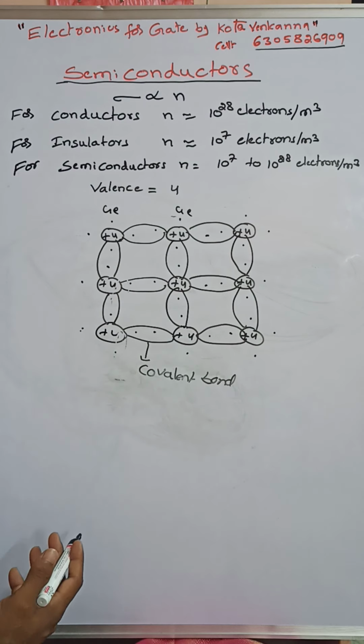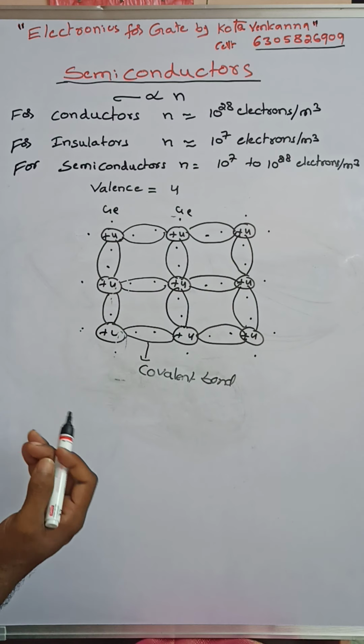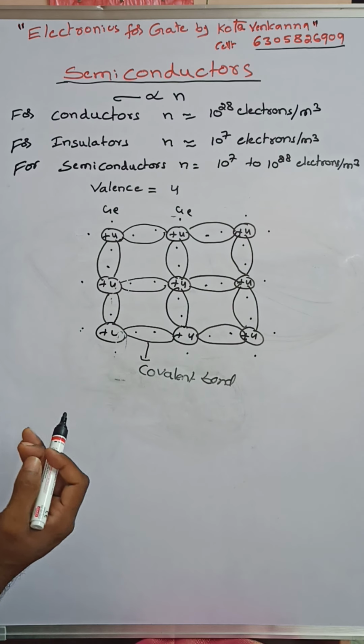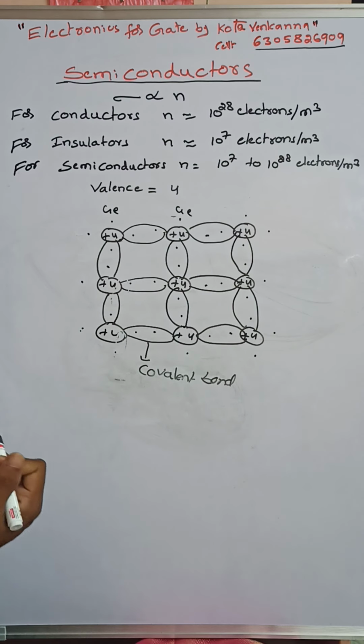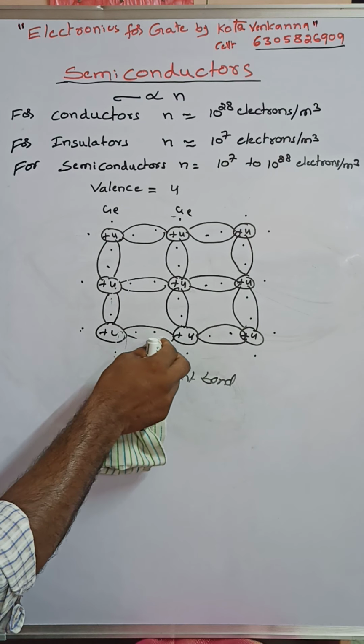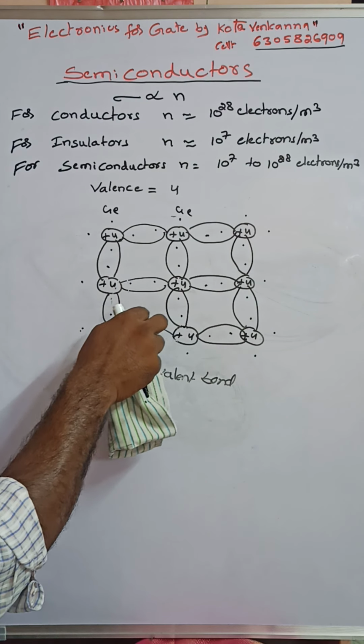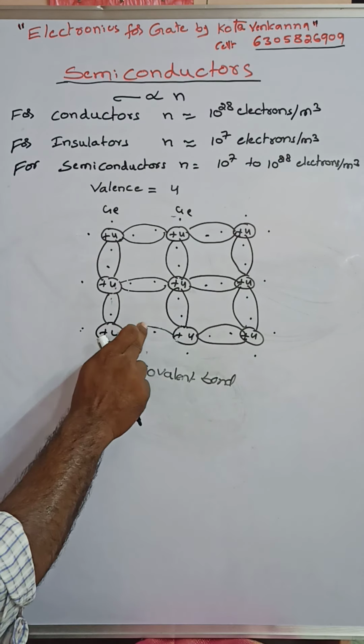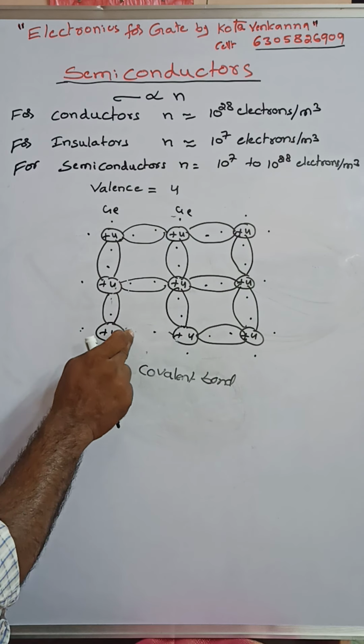By increasing the temperature, the semiconductor conductivity increases. How? When we apply temperature, due to thermal agitation, some of the covalent bonds, for example this covalent bond, will be broken, and then the availability of free electrons increases.